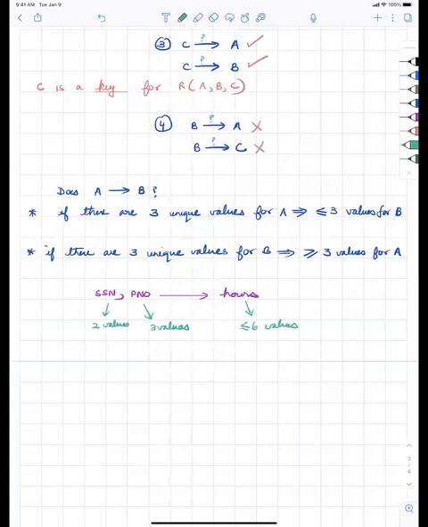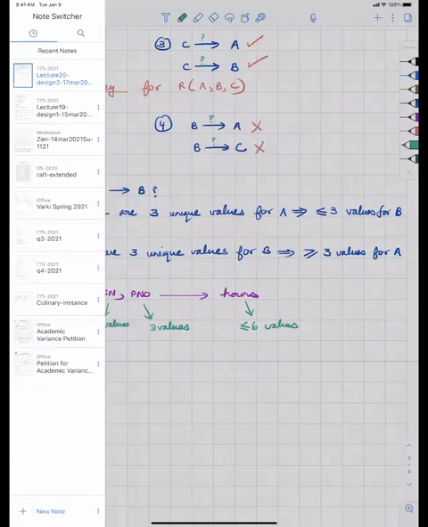Let's see. If you go back, remember we started all this with an example in the previous class.